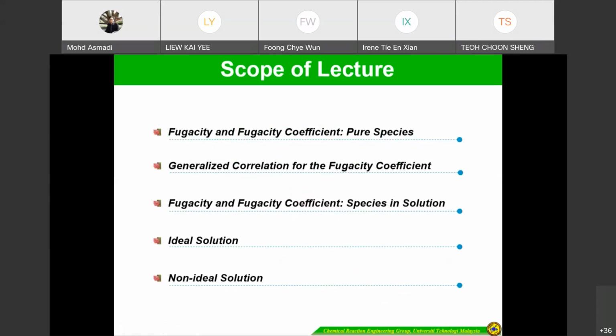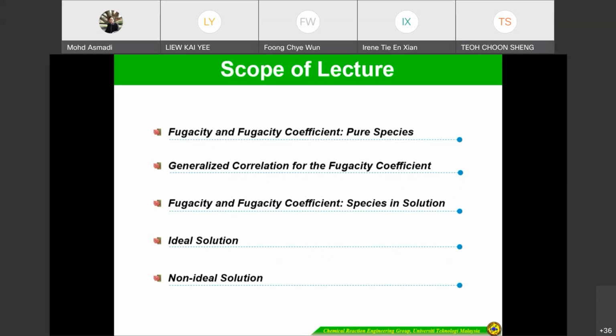How to calculate the fugacity coefficients, especially before we determine the fugacity, by using virial as well as generalized correlations, Lee-Kesler, and also virial. And then species in solution, ideal solution, and also non-ideal solutions, and also the calculation of fugacity for the pure liquid. Okay, it's going to be different.